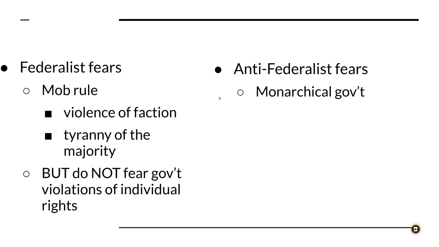Anti-Federalists were, again, we've got mirror images here. They are afraid that we will creep towards a monarchical government. Okay? And they were not wrong in accusing a lot of Federalists of being friendly to the idea of making the United States eventually a monarchy.